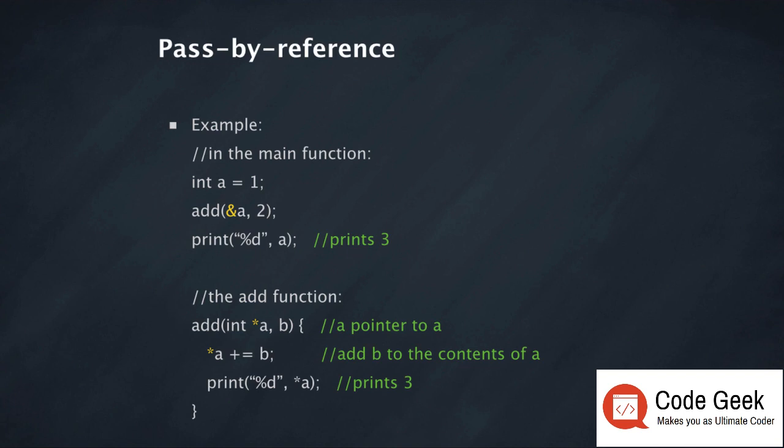So if we say the contents of a plus equal b, that means that when we come into the function, a is going to be 3, and outside, when we print it back in the main function, a is also going to be 3. So if we pass a pointer, the address of a, then we can change the value of a. And generally speaking, if we pass a pointer to the function, we can change the value or the contents of that pointer even outside the function.